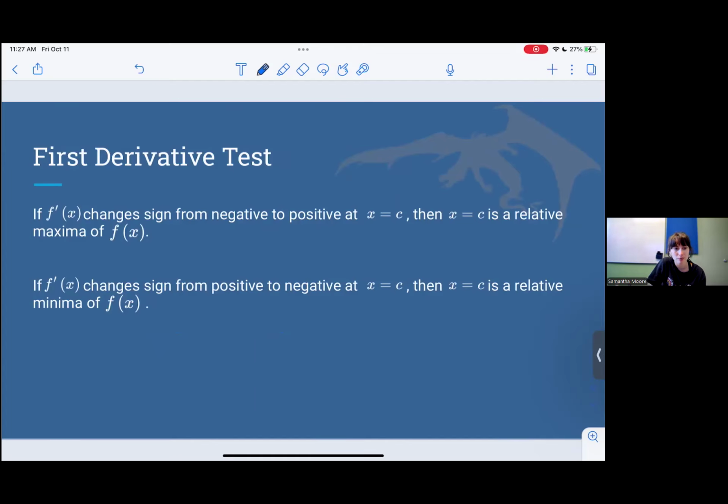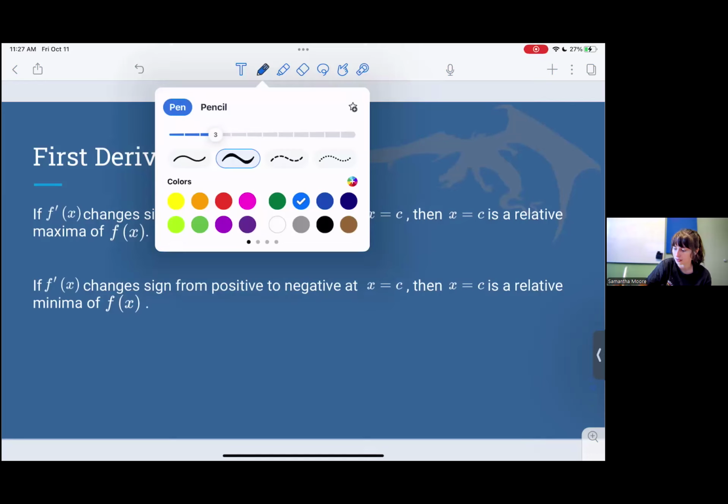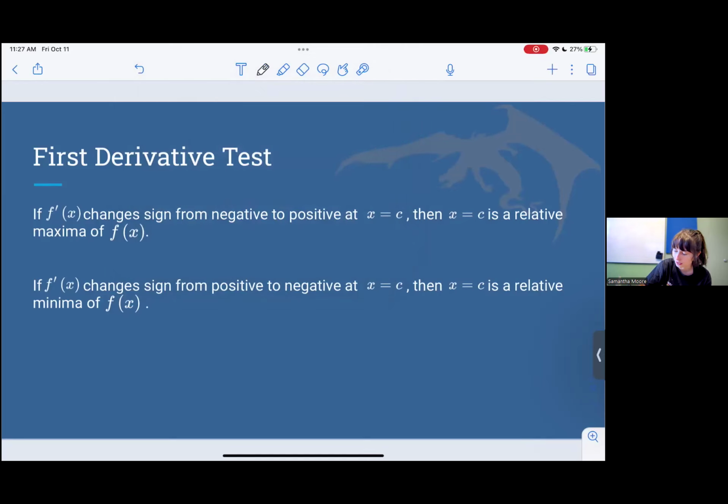So if f prime changes sign from being negative to positive at x equals c, then we are going to have a relative minimum of f of x.